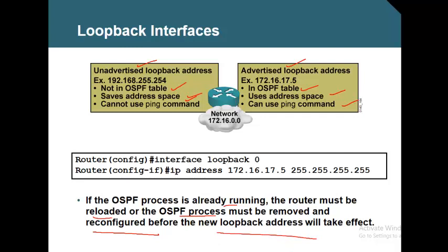If there is already a router ID in use, the new router ID will take effect only when you restart the OSPF process, either by killing it or by reloading. When you kill the OSPF process, it dies and comes back. When it comes back, it takes the new one.